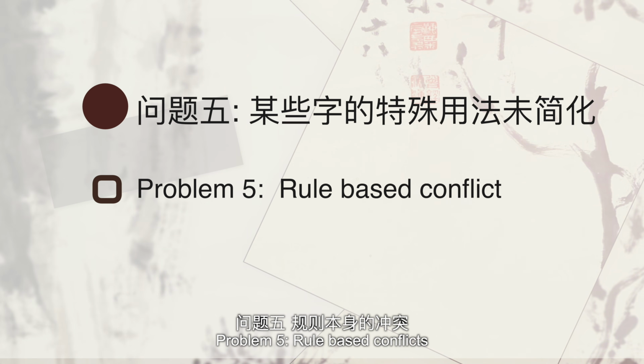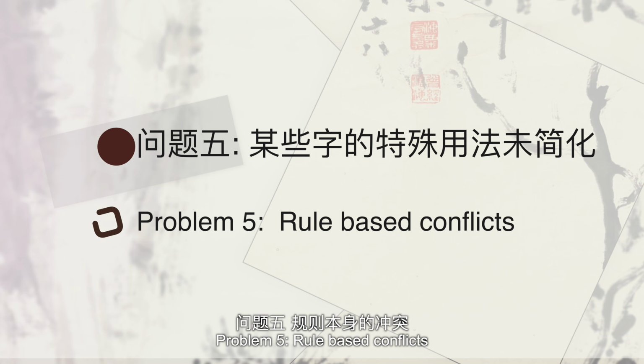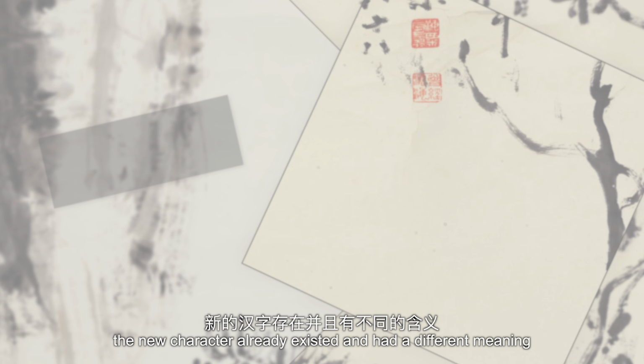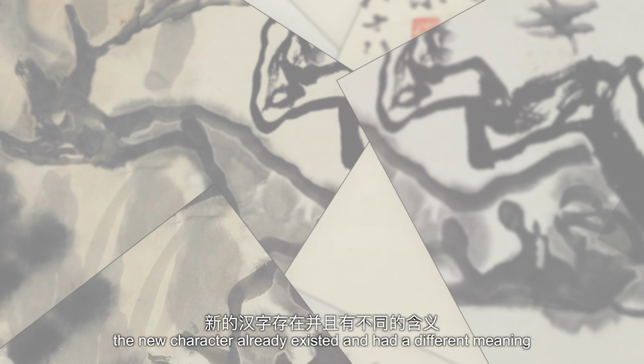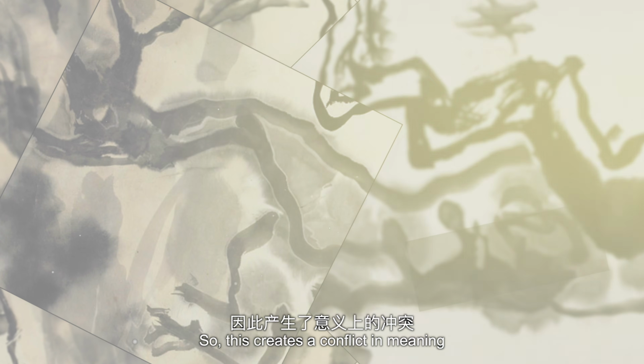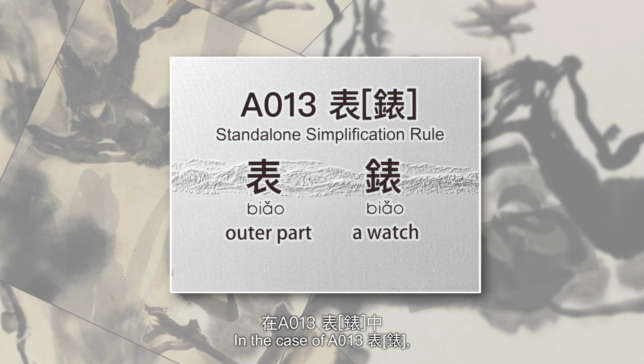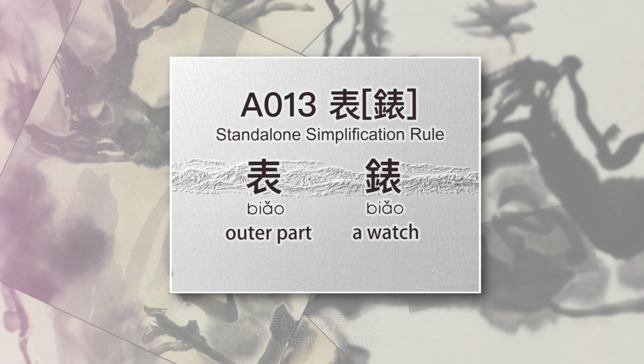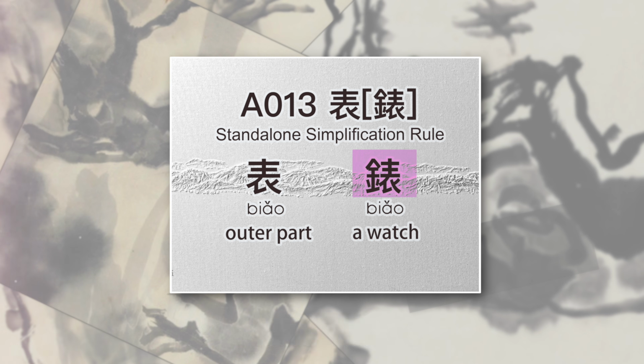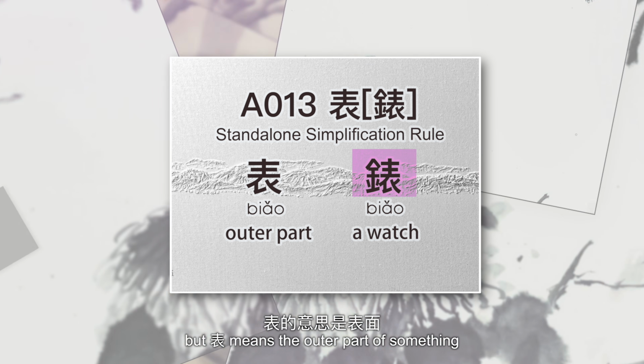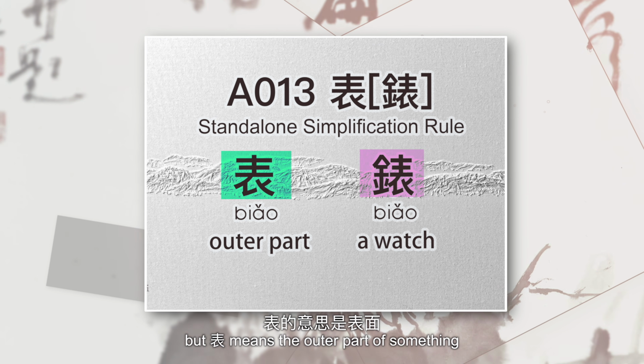Problem 5. Rule-based conflicts. In some cases, the new character already existed and had a different meaning, so this creates a conflict in meaning. In the case A013, biao, biao means a watch, but biao means the outer part of something.